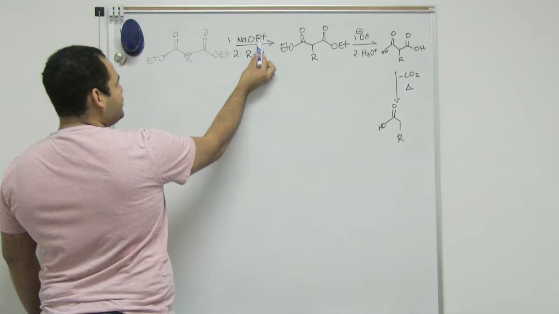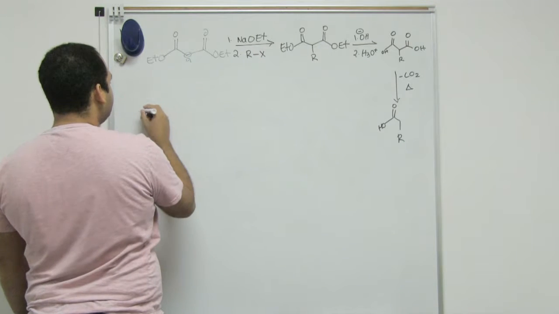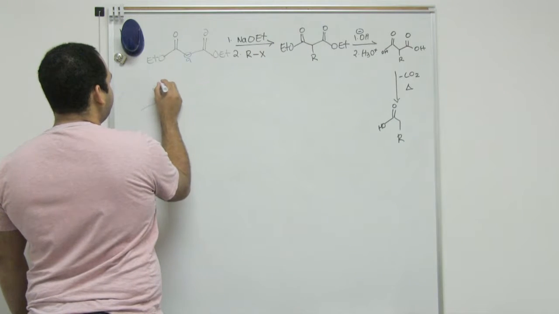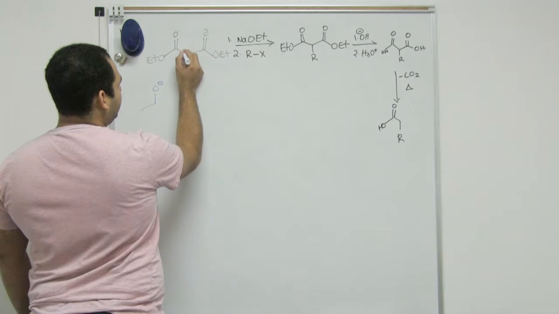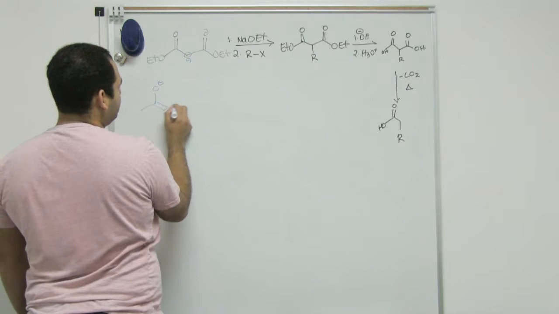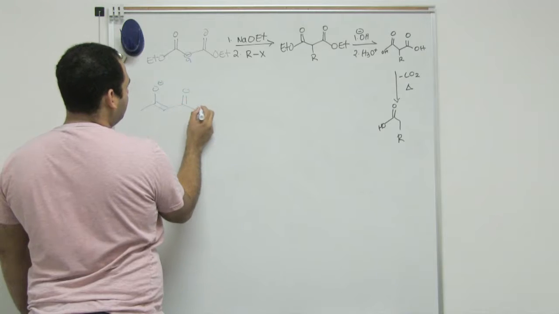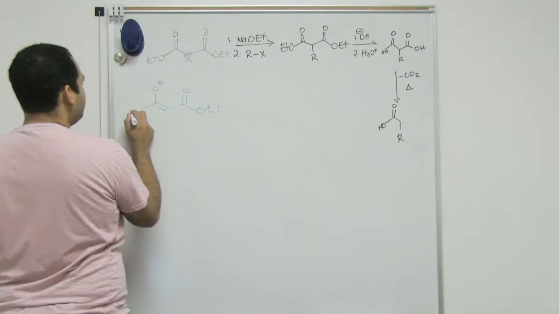We have the conditions where we can make an enolate. If you remember, we will remove one of the hydrogens and place a double bond. So we do have here our enolate.